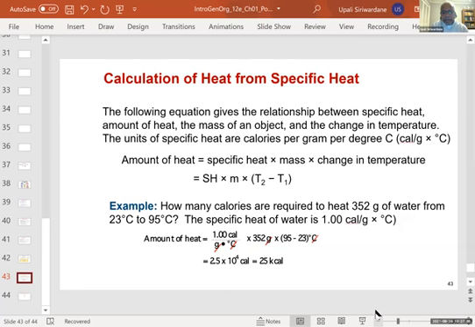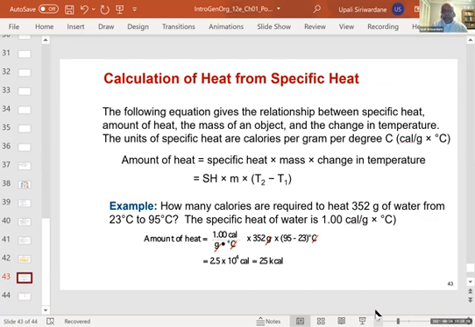Why? Positive calories is heat absorbed. If the temperature was to decrease from 95 to 23, that's a release, so it's a negative.